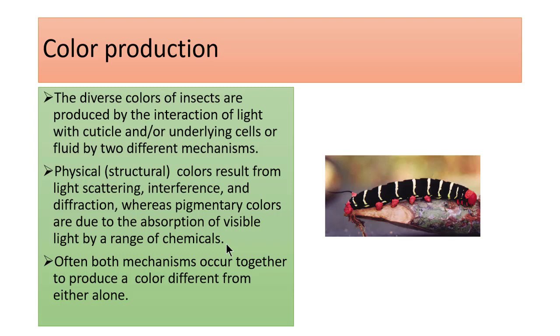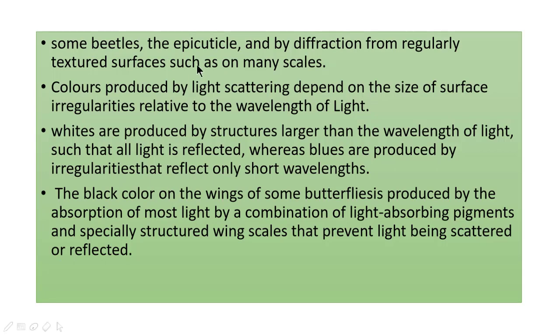Often both mechanisms occur together to produce a color different from either alone. In some beetles, color is produced by diffraction from a regularly textured surface such as on many scales. Color produced by light scattering depends on the size of surface irregularity related to the wavelength of the light. White is produced by structures larger than the wavelength of light, such that all the light is reflected, whereas blue is produced by irregularities that reflect only short wavelengths.